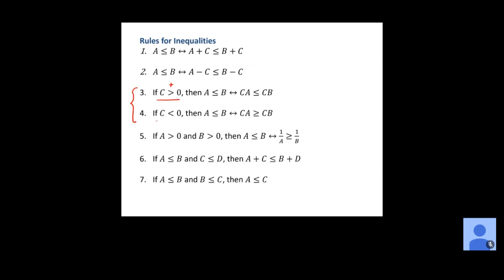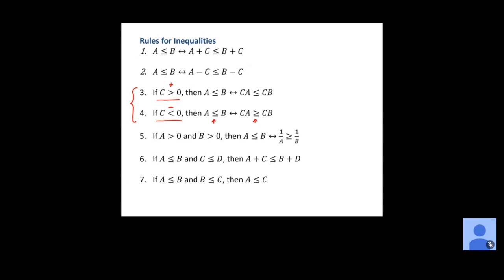It's when we start multiplying by something that's less than 0, a negative value, that this sign that was less than or equal to now becomes greater than or equal to. Basically, anytime you multiply or divide by a negative value, we have to remember to flip that sign. So that's one of our rules for inequalities now. If you multiply or divide by a negative, make sure you flip your sign.